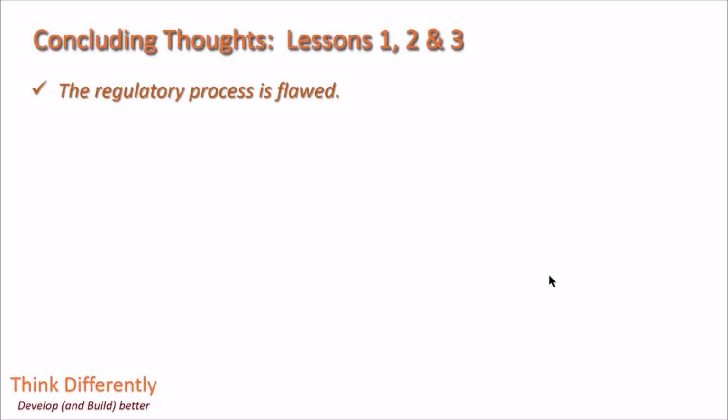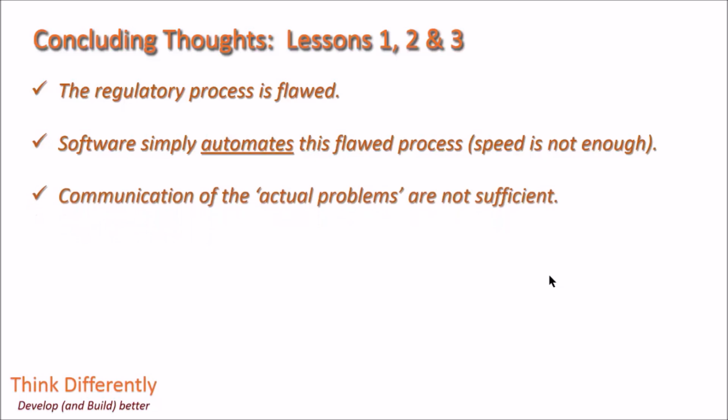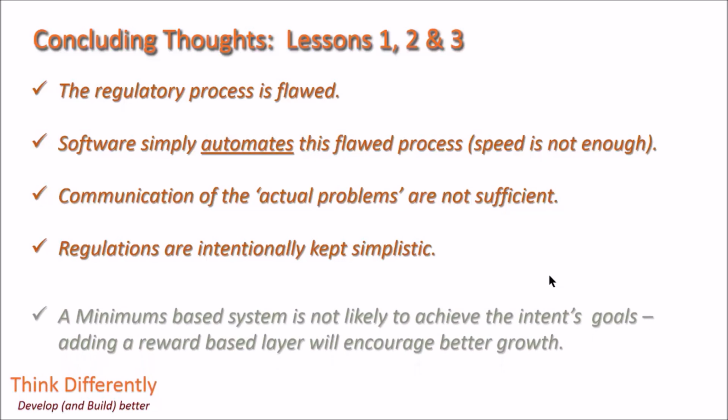So, the concluding thoughts of these 3 lessons, there's 12 in this initial series. The regulatory process is flawed. That is the process you are learning in school. Software simply automates a flawed process. Software you are learning in school right now. Communications of the actual problems obviously are not sufficient. That's your future job. And you'll learn regulations are intentionally kept simplistic because the public has to interpret them.